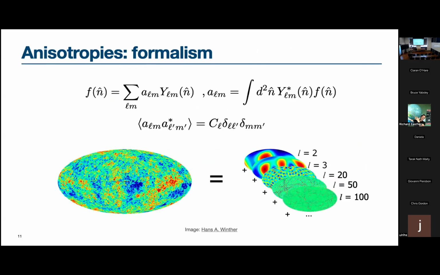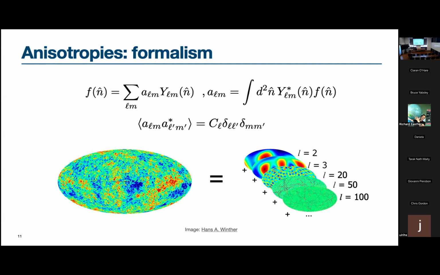Just as a note on formalism, to describe anisotropies, we will use the spherical harmonic basis. The anisotropies represent the distribution of energy density in the sky, and we represent it in the spherical harmonic basis.